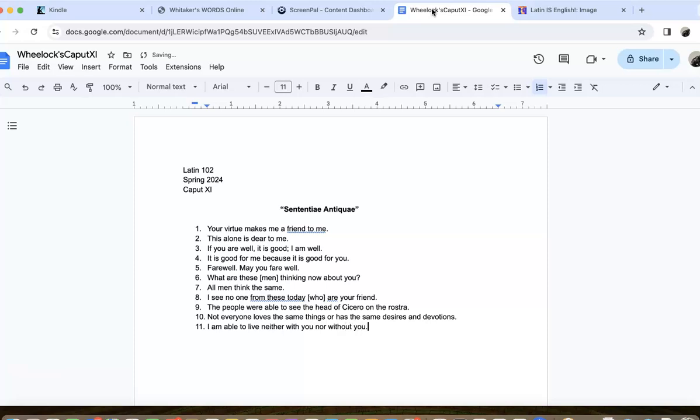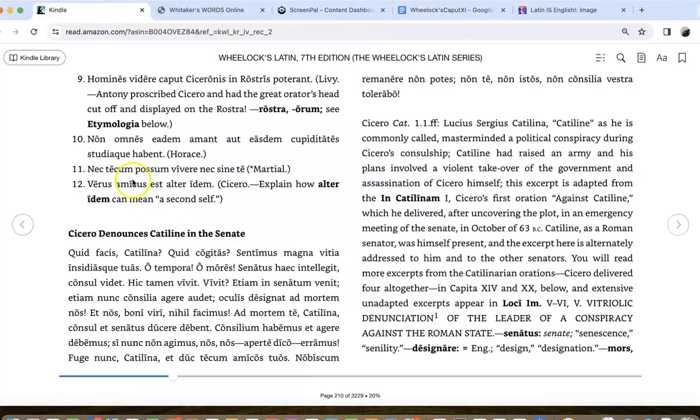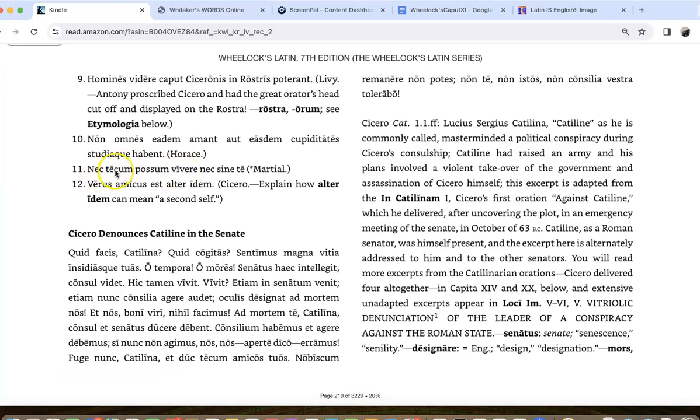So I am able to live, possum vivere, neither with you, nec tecum, nor without you, sine te. Okay, so that's fairly straightforward.